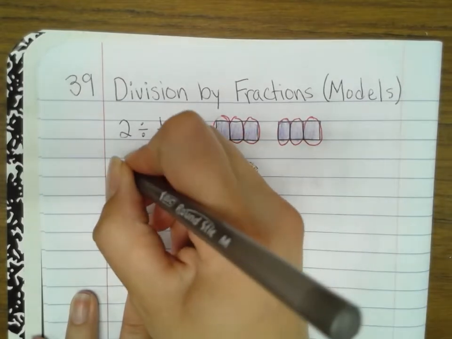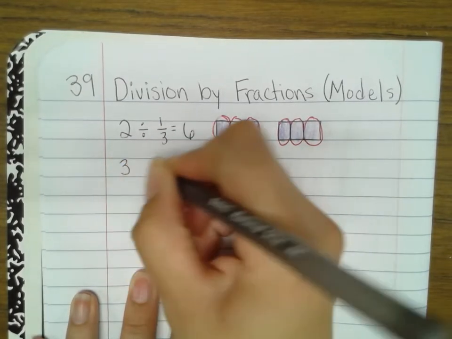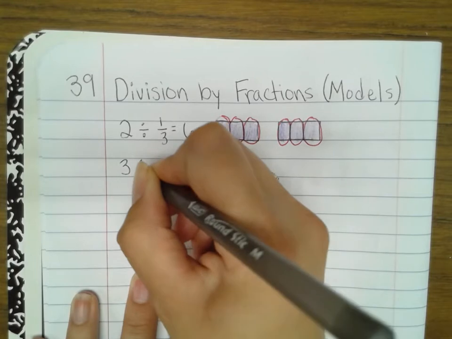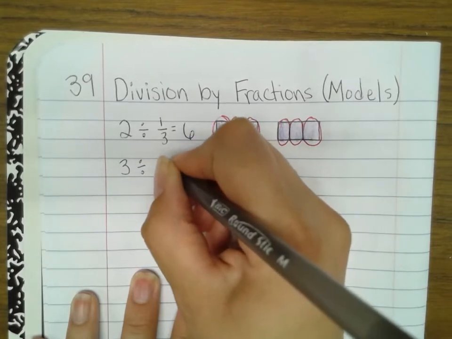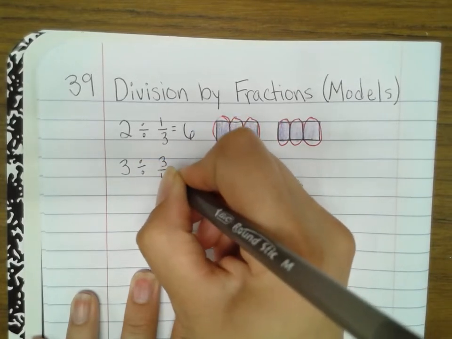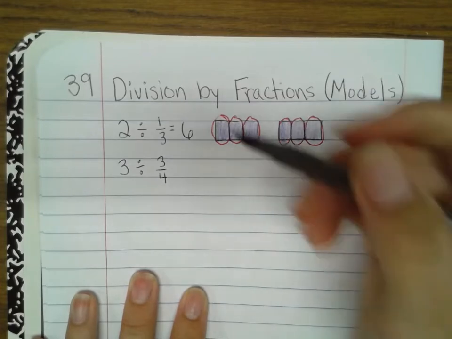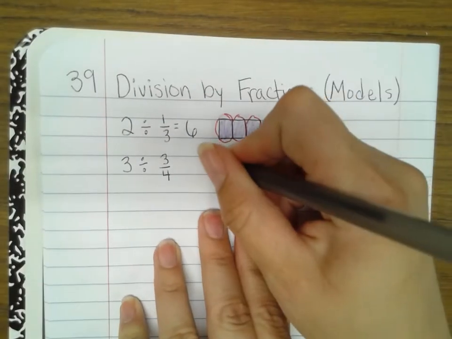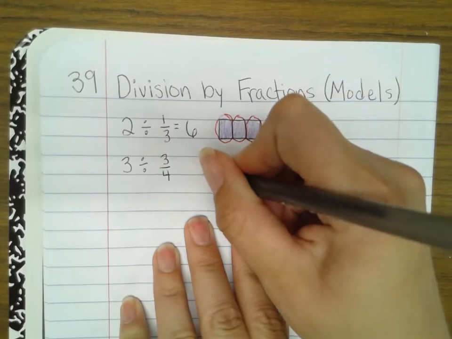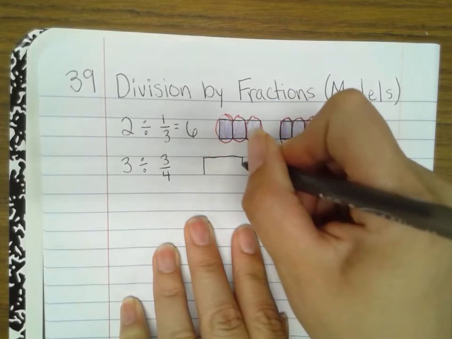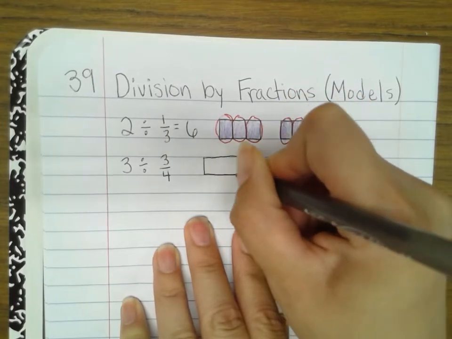How about 3 divided by, let's try 3/4 this time. Okay, so we need 3 whole units again. So let's draw 3 whole units. So 3 rectangles that look about the same.